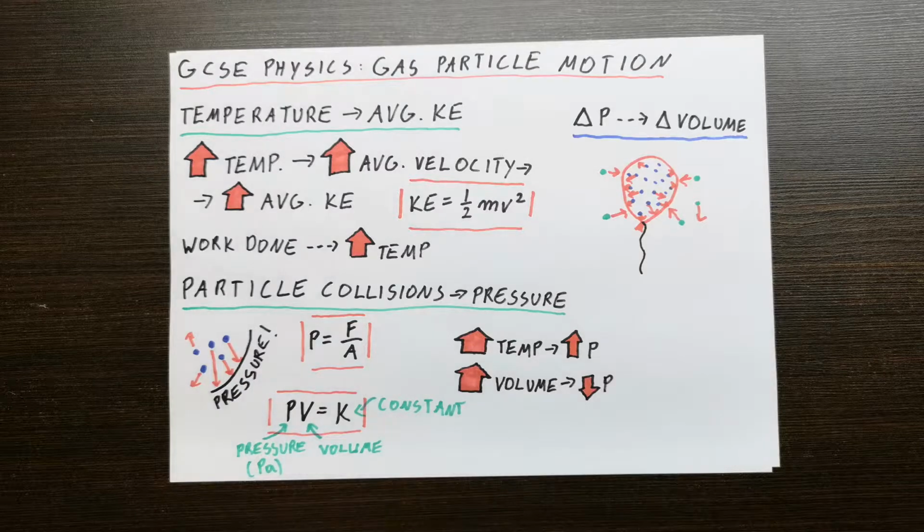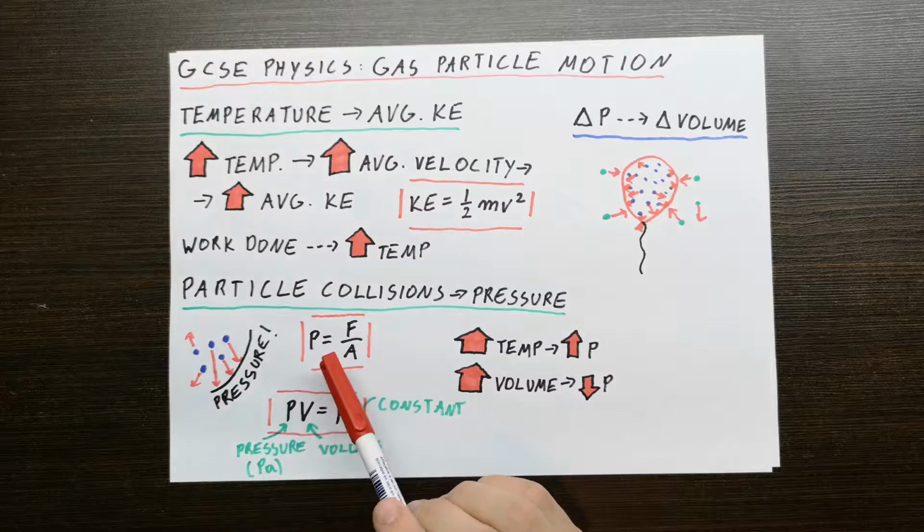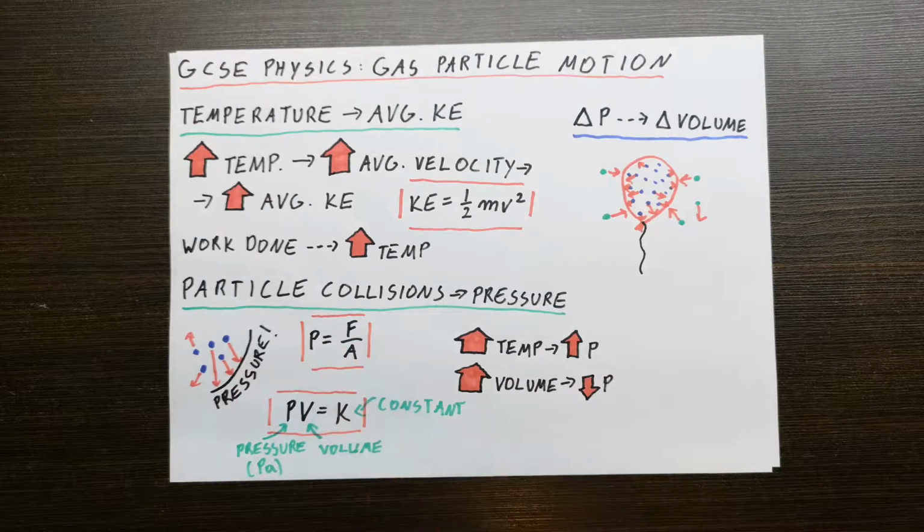It can be a tank, a cylinder, even a room, any kind of container. Gases exert pressure on the container. Pressure is equal to force over area, because pressure is force exerted on a determined area.